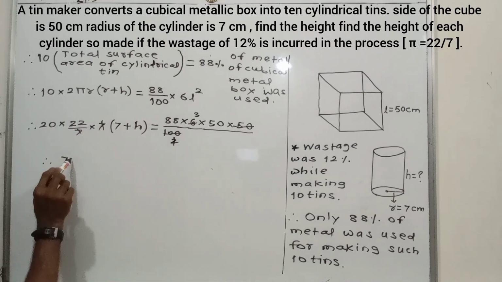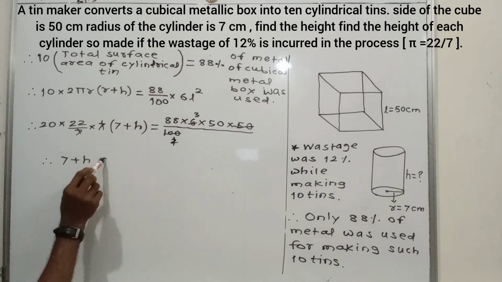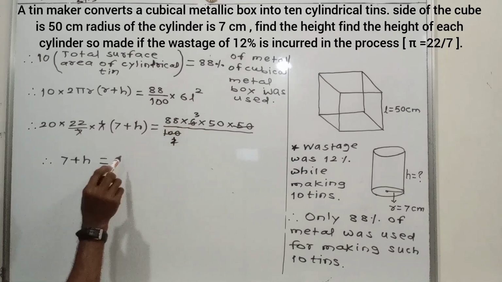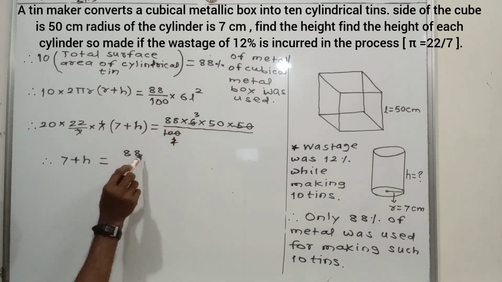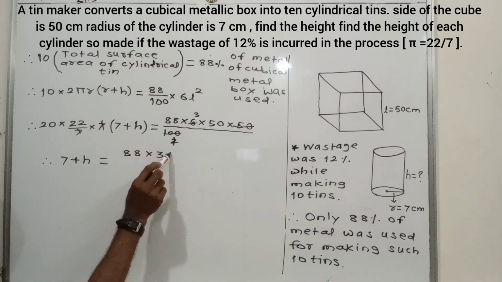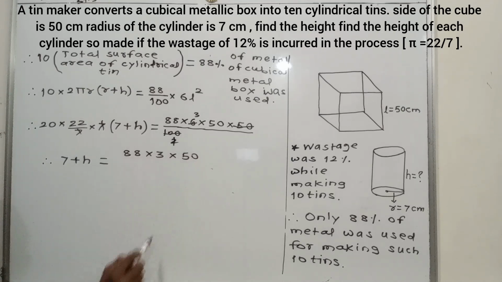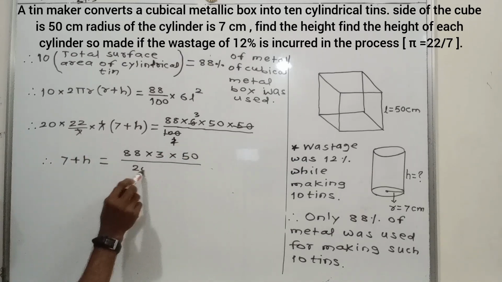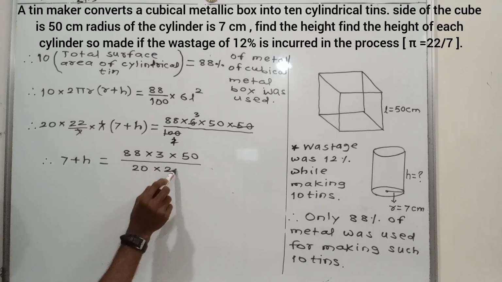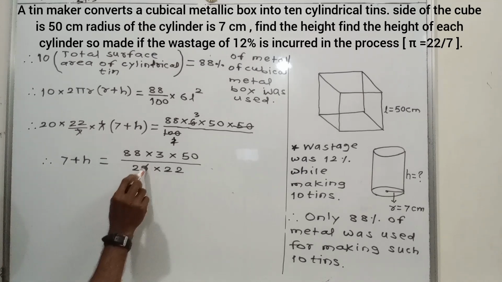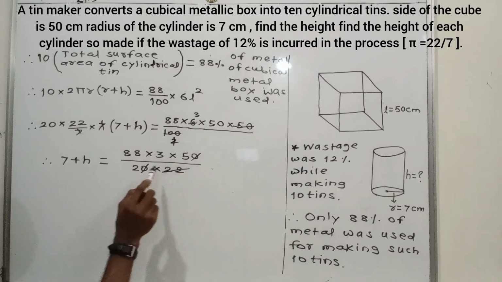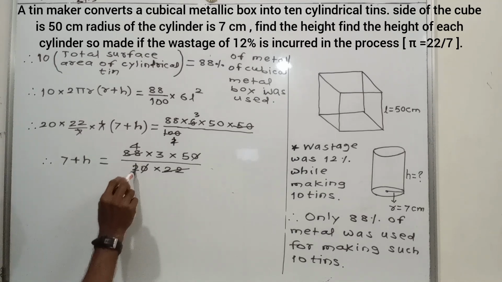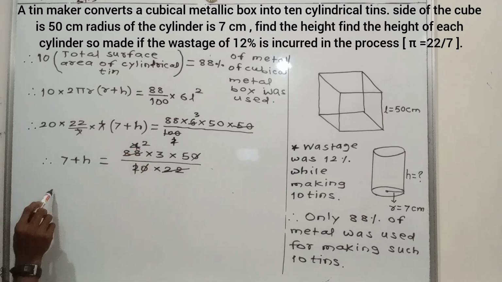Therefore, here left 7 plus h. Then what is here? 88 into 3 into 50 upon 20 into 22. 0, 0 cancel. 22 4s, okay, and 2 2s.